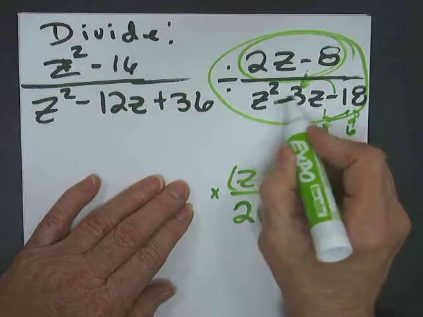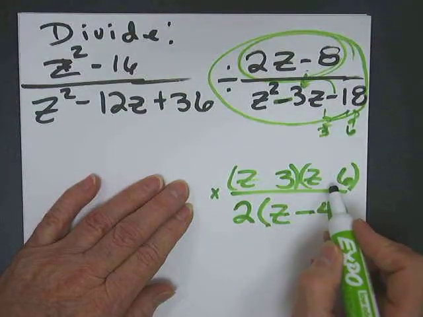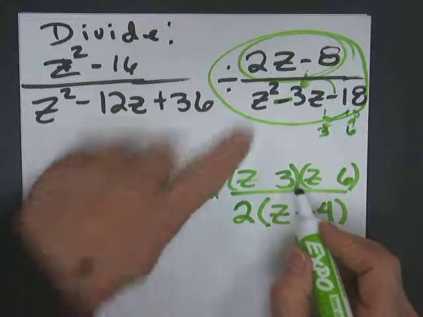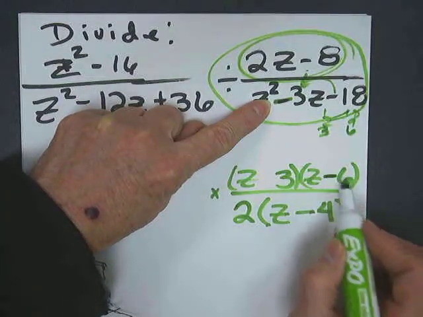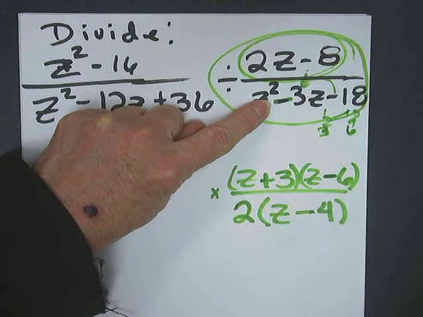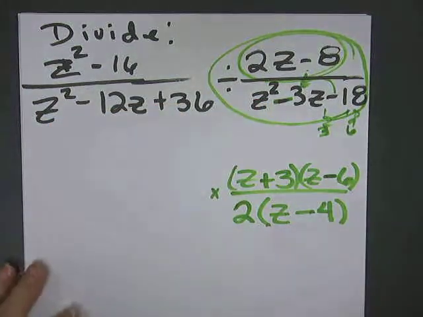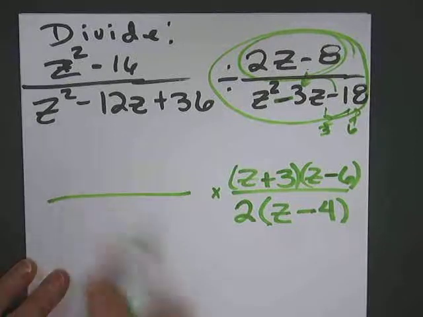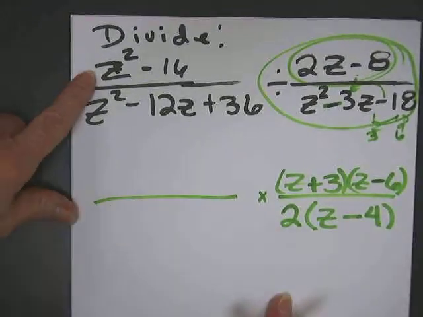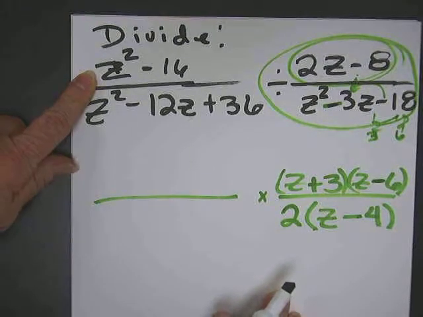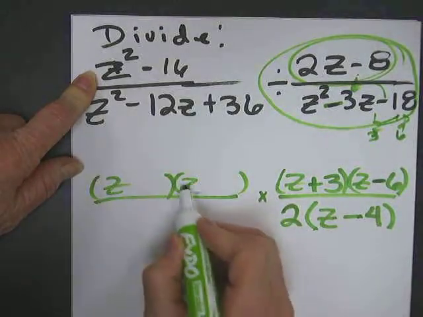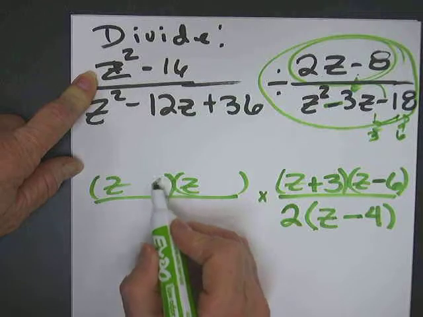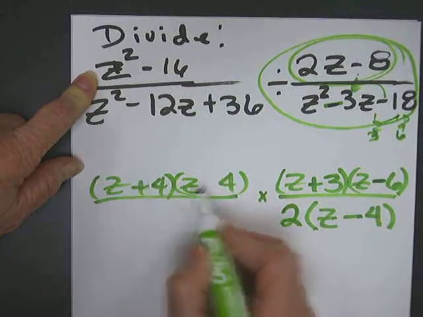How can you factor this one? Common factor of 2. So Z minus what? 4. So there, you won't forget to do it now. You've already got that down there. Let's factor that one. We have a Z and a Z. 18: 1 times 18, 2 times 9, 3 times 6.